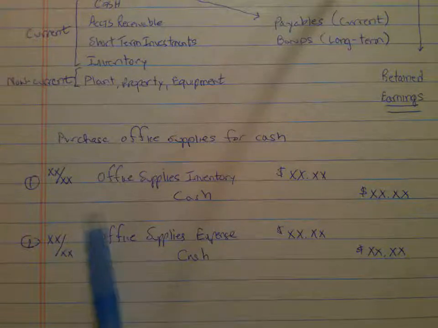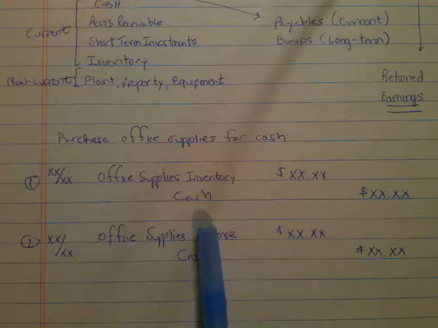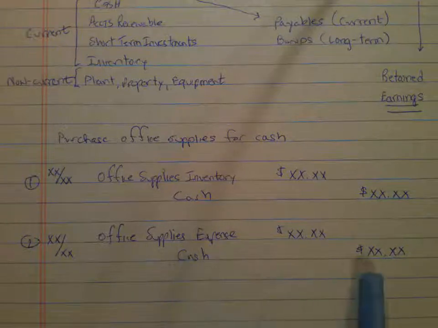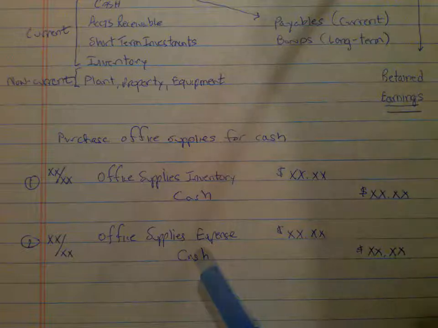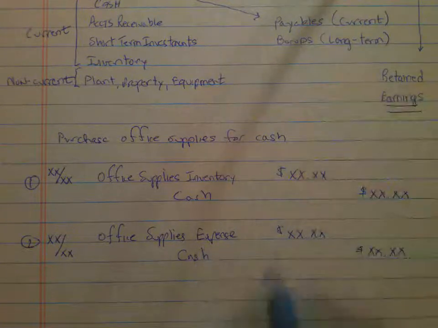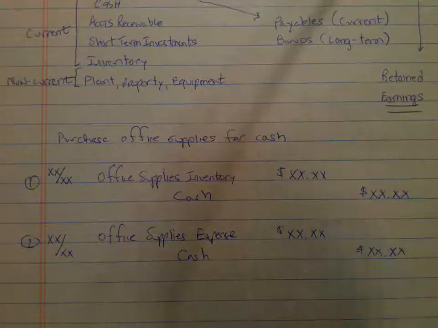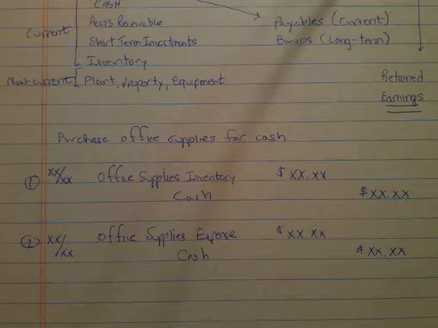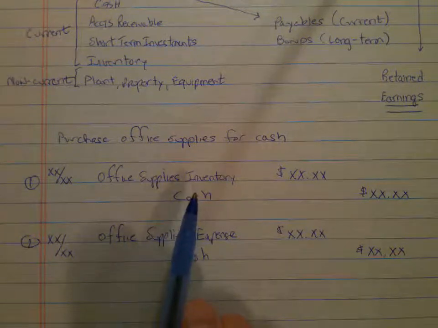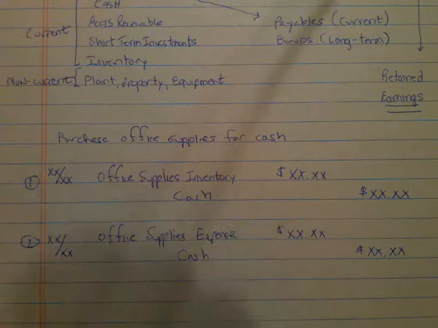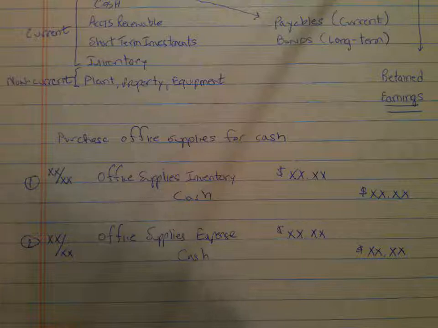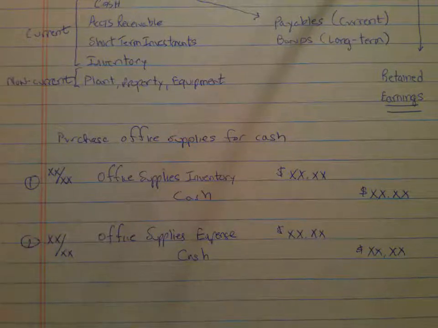So we purchased it and we immediately charged it off to expense and then show the credit to cash. That's our cash payment. We hand out cash to whoever we're paying it to, okay? And then we receive the office supplies, okay? In one case, we're putting it into inventory.